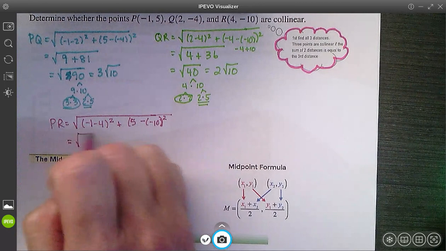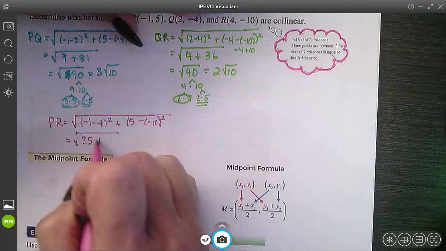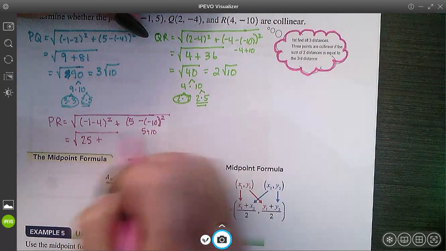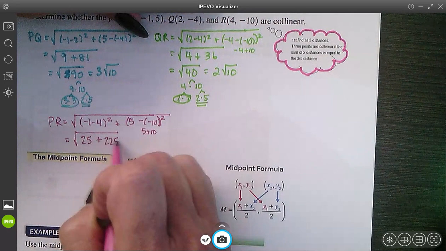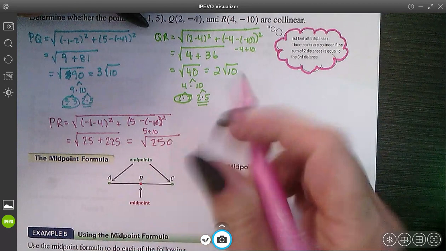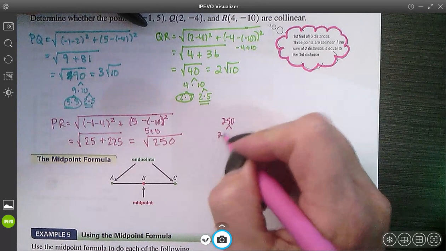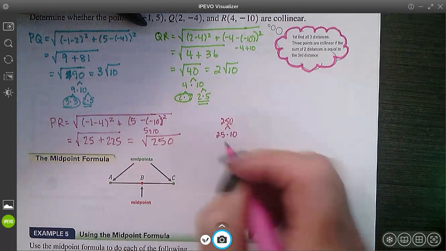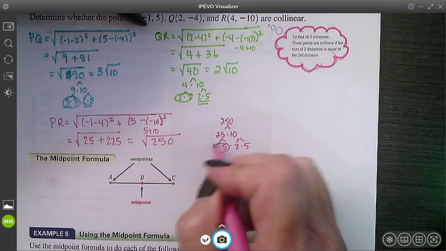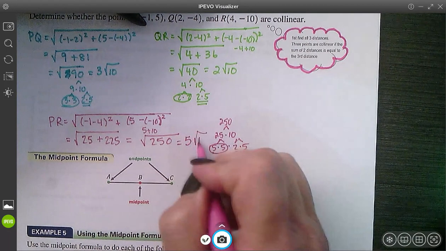So that would be negative 1 minus 4 is 5. 5 squared is 25. 5 minus negative 10 is the same as 5 plus 10. So that's 15 squared, which is 225. So that is the square root of 250. 250 would break down into 25 times 10, which would be 5 times 5 and 2 times 5. So a pair of 5's outside, 2 times 5 inside.